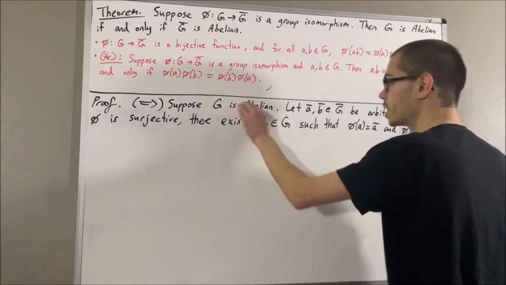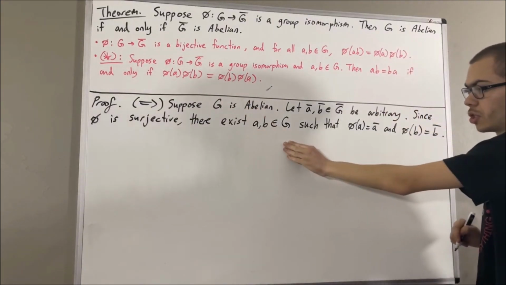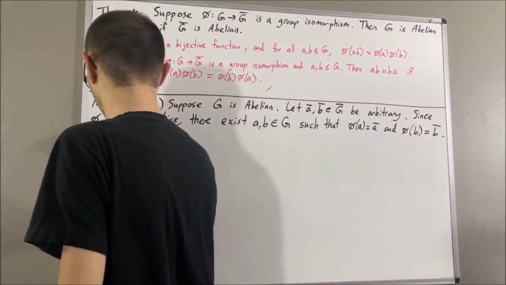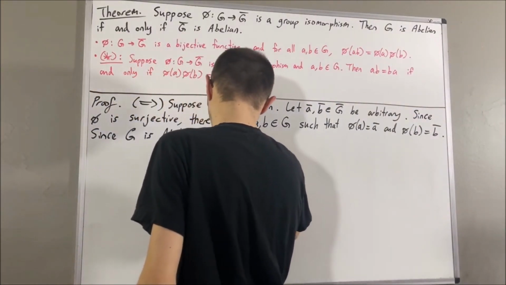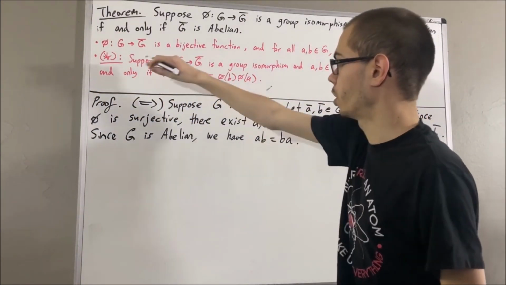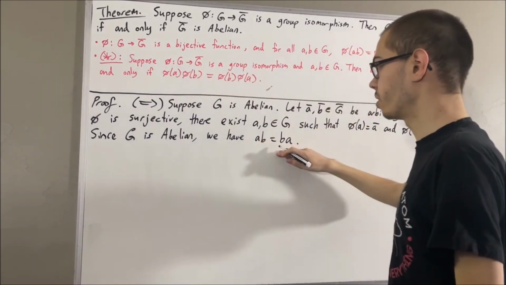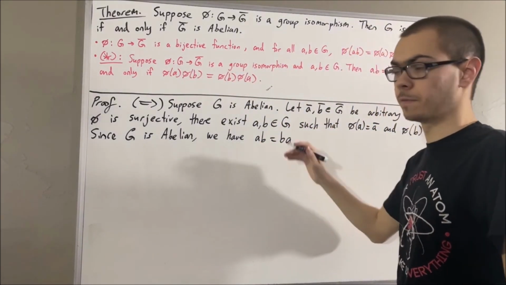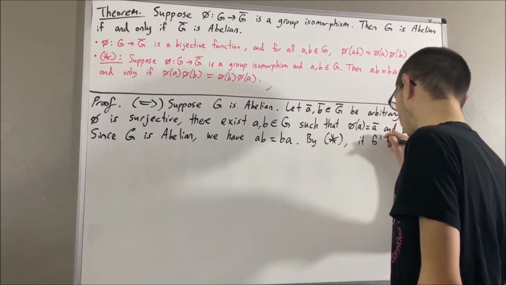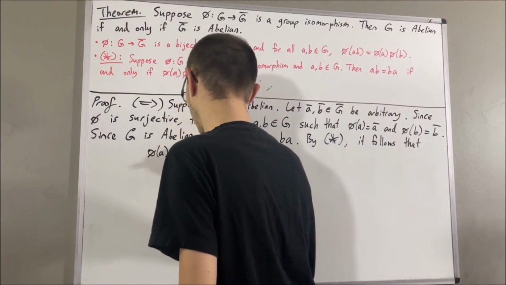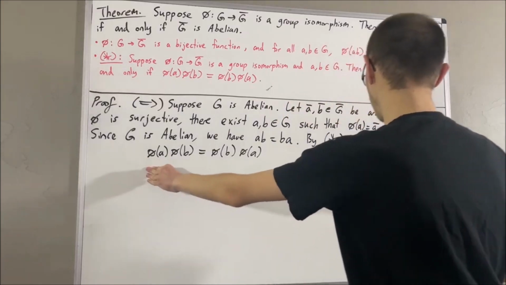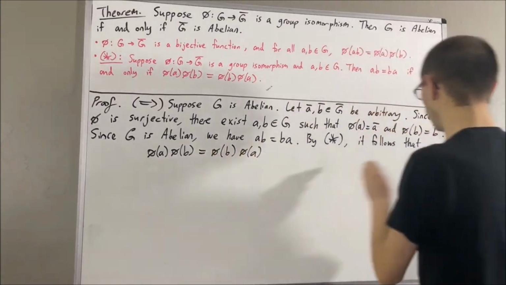Now, since G is abelian, A and B commute. So we have AB is equal to BA. But then, according to star, since A and B commute, it follows that phi of A and phi of B commute. But phi of A is equal to A bar, and phi of B is equal to B bar.